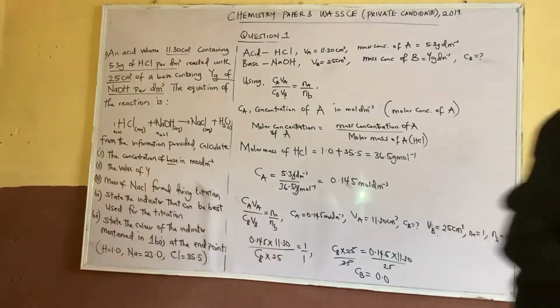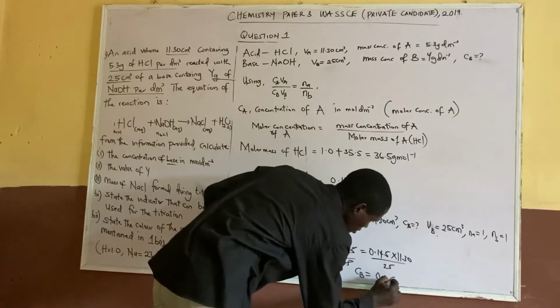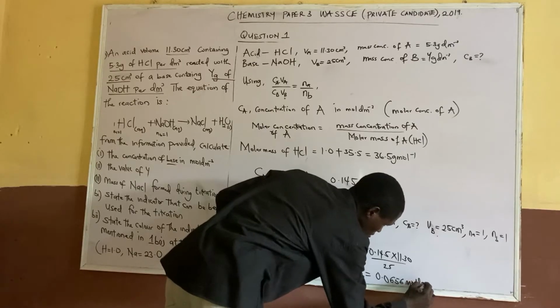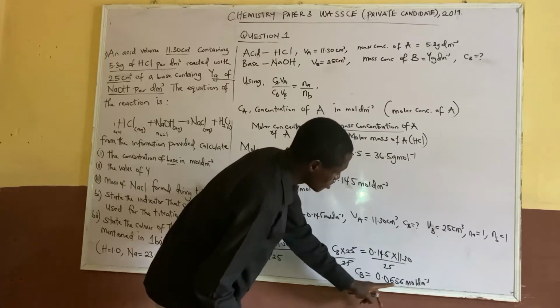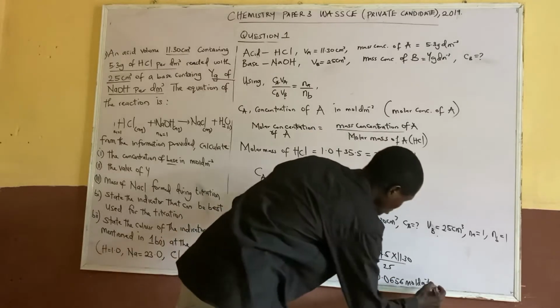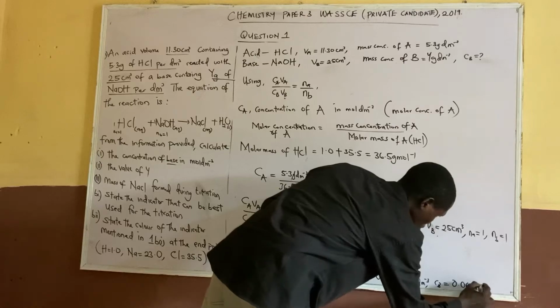Let's quickly test it. CB is equal to 0.0656 mole per dm cube, approximately 0.066 mole per dm cube.